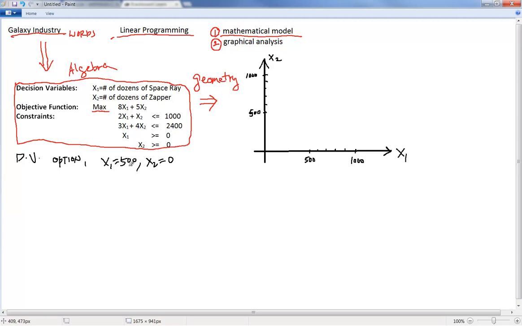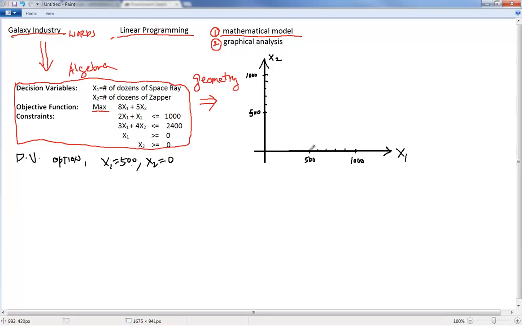So as you know, in a two-dimensional coordinate representation, these two numbers which form a pair can be represented as one point. So x1 in this case represents the number of dozens of space rays, x2 the number of dozens of zappers. So we can find the corresponding point. x1 equal to 500, x2 equal to 0 here.